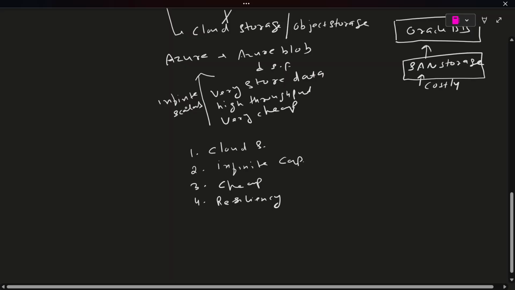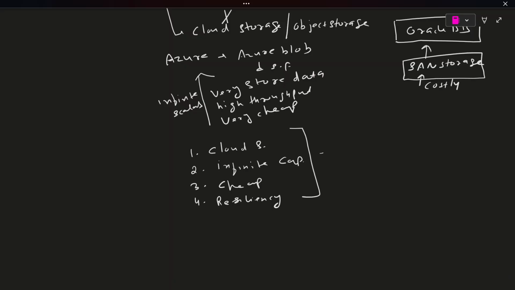So let's say we choose Azure somewhere in Central India. Within that region, we have the concept of multi-AZ: AZ1, AZ2, AZ3.